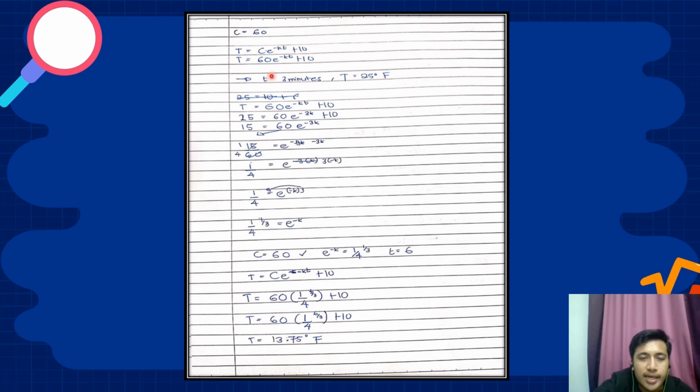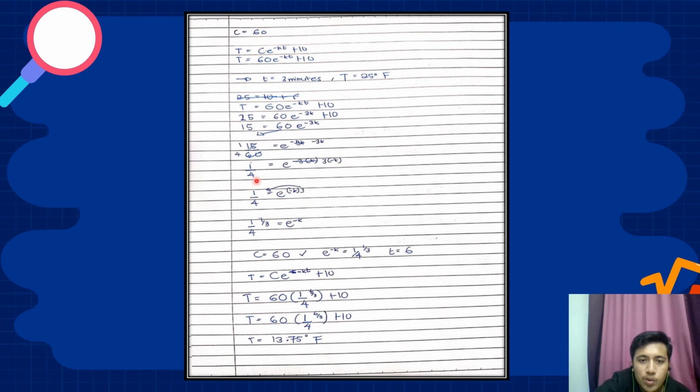Then we assume t is equal to 3 minutes and the temperature is 25 Fahrenheit. After we solve it, we get the value of e to the power of negative k, because we know t is 3 minutes, so negative k like this.